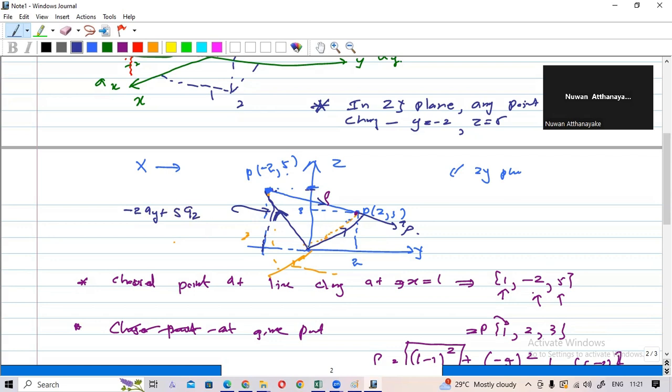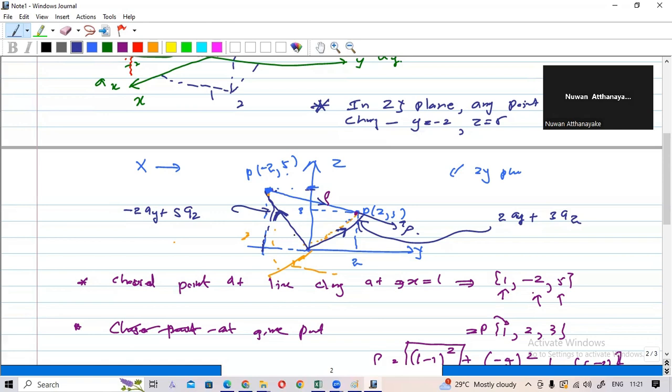And for this other vector, that is 2 in y direction, ay, plus 3 in z direction, az.